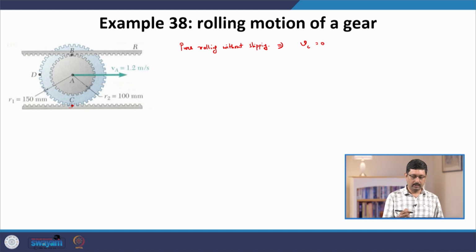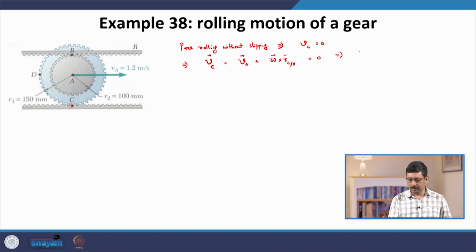This gives a constraint: V C has two pieces, one is V A plus the motion of the point C with respect to A, which is omega cross R C A, and that is 0.